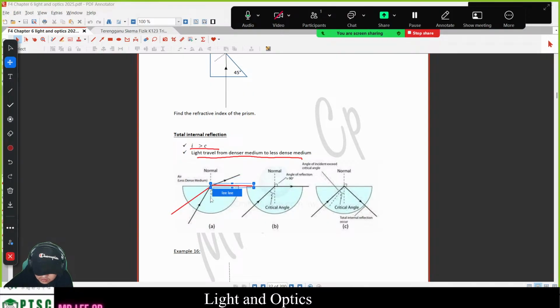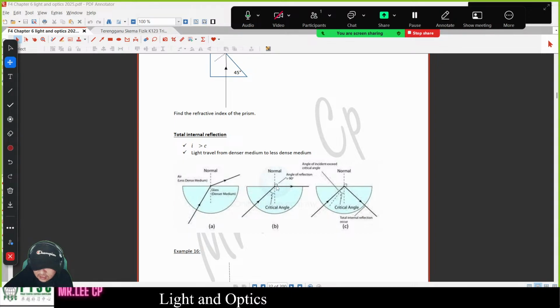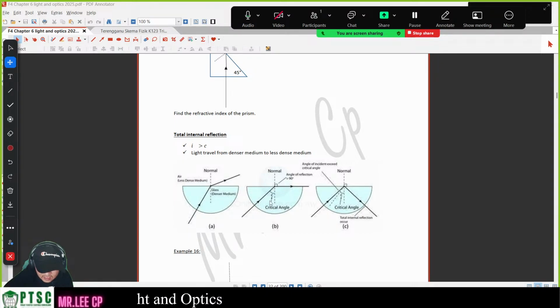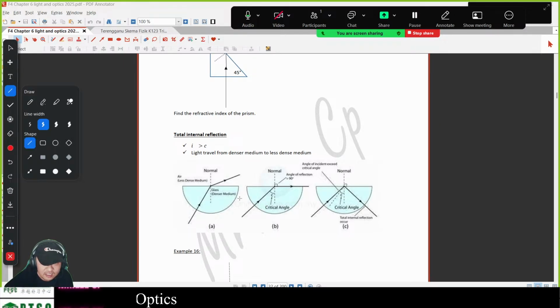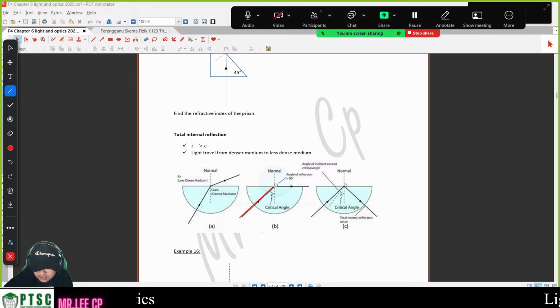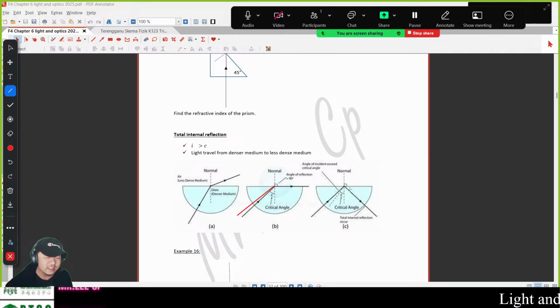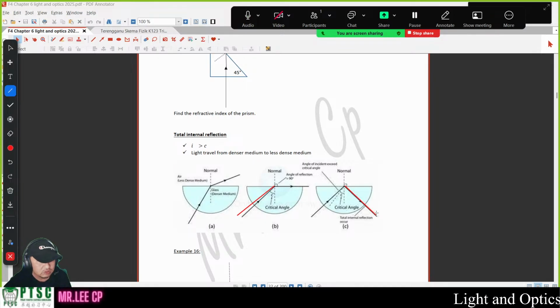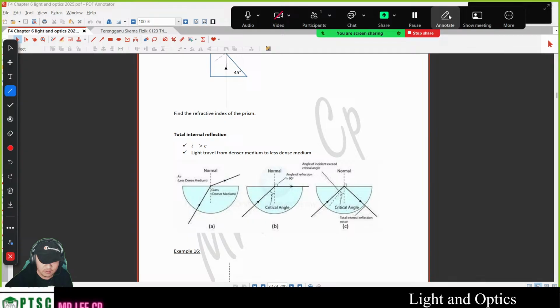So this angle is called the critical angle. Not this angle, this angle is called the critical angle. If this angle right here, you increase more, total internal reflection is going to occur.